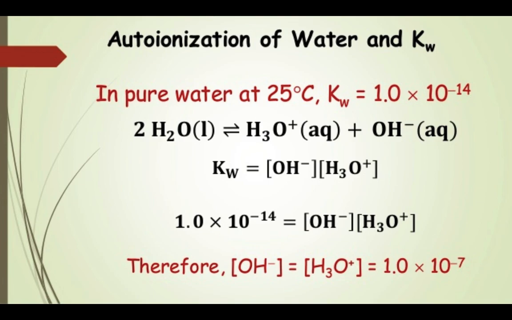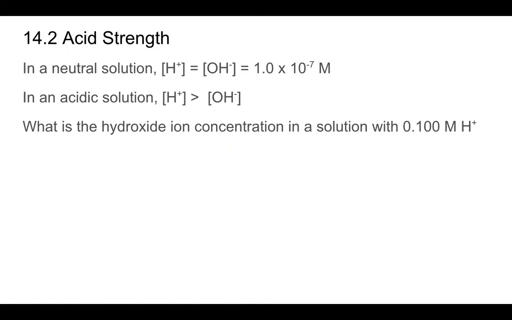We can actually see that this autoionization of water equilibrium can be shifted left or right by the addition of OH minus or H3O plus to water. So when you add an acid or a base to water, you shift the equilibrium between water splitting into H3O plus and OH minus.